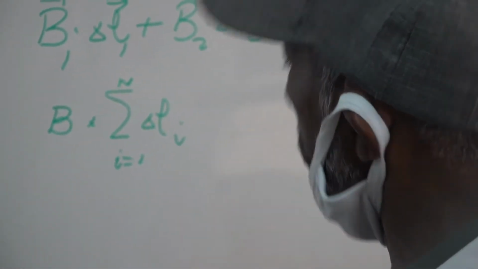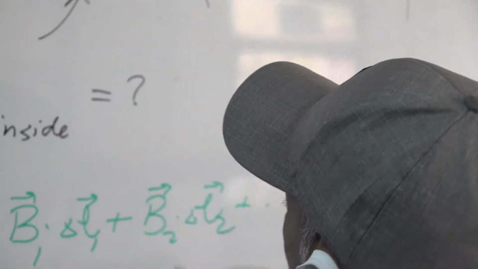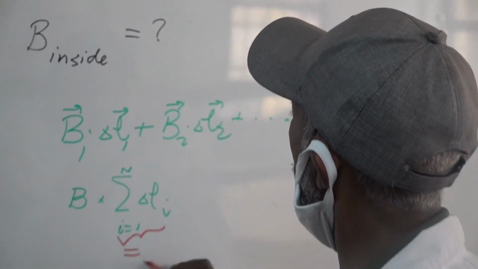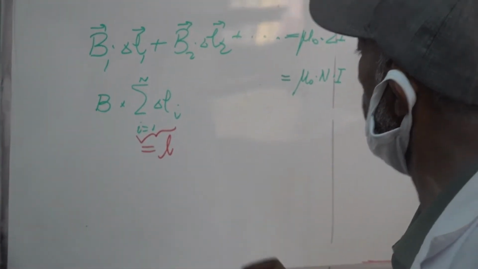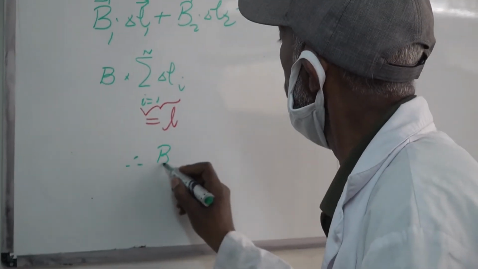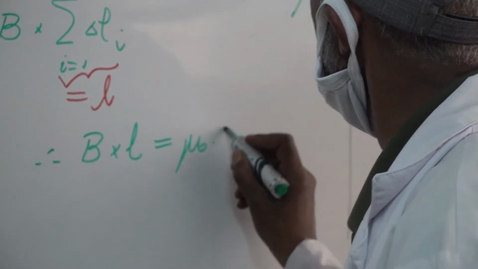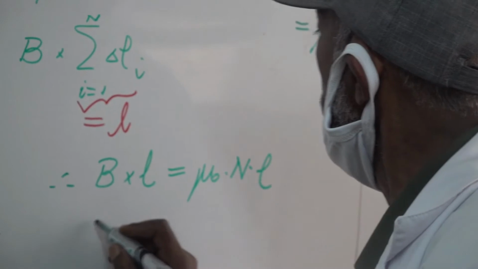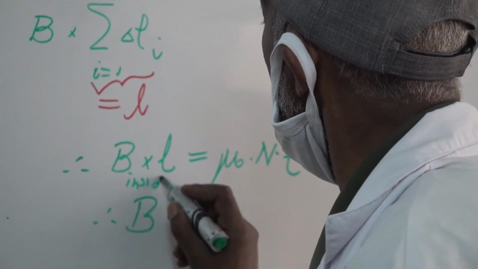You add delta L from here up to here, and these small delta L's naturally give you the length of the coil. So you see how simple it is when you apply Ampere's law. Therefore you get B times L is equal to mu 0 times N I. Pronto, therefore B inside the coil only.